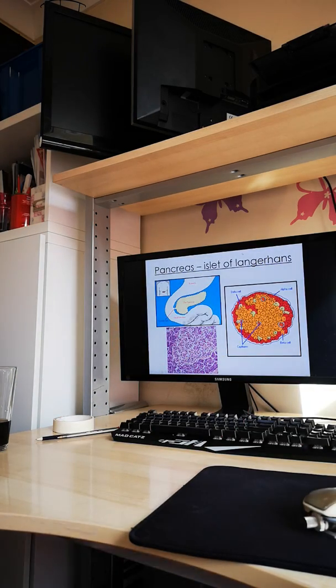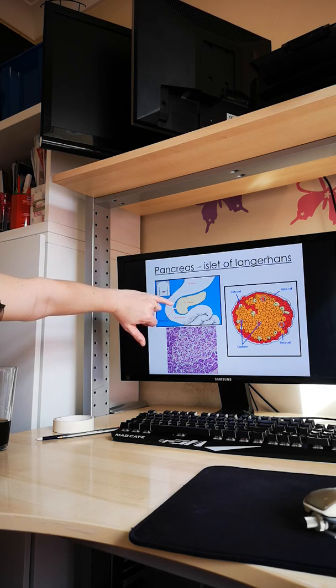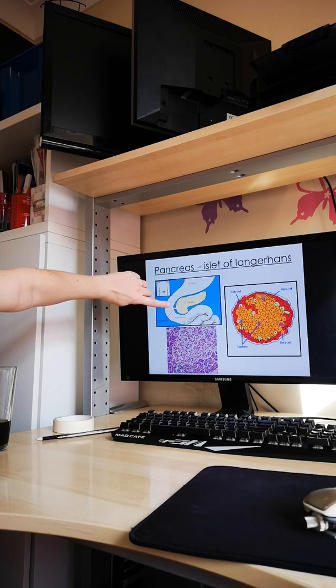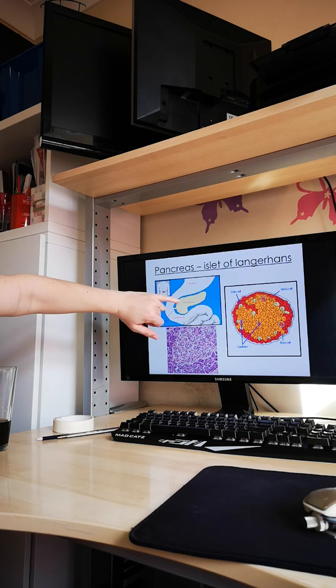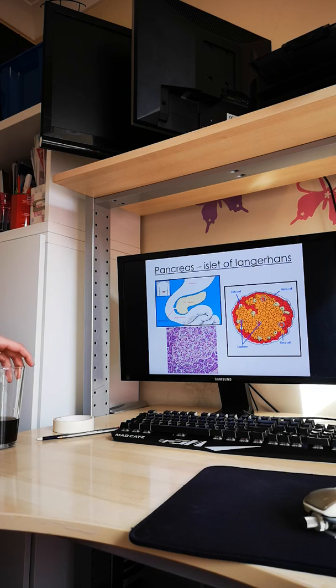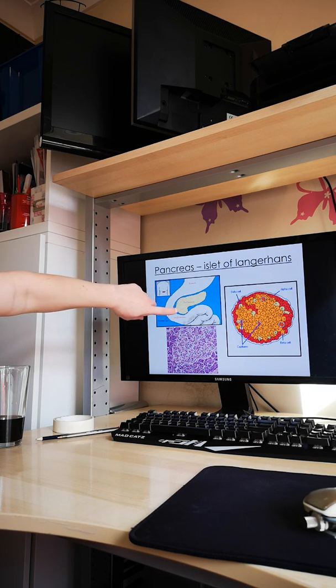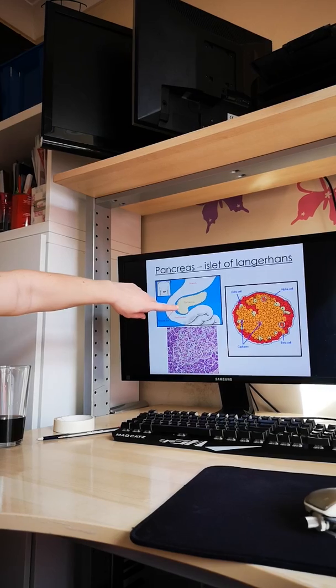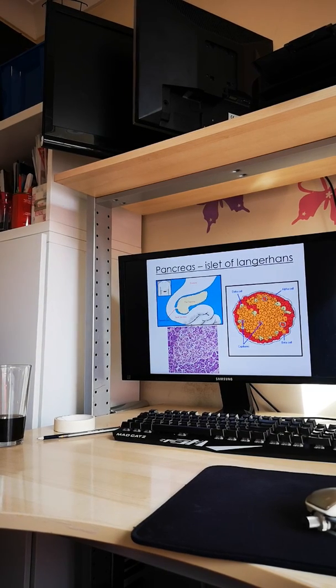Okay, so if we have a look at our super pancreas that we love, you can see that the pancreas connects up to your small intestine via the pancreatic duct. This tiny duct allows the secretions from the pancreas, not including these hormones, but the enzymes that we talked about in year one that are important in digestion, to leave the pancreas and move into the small intestine.